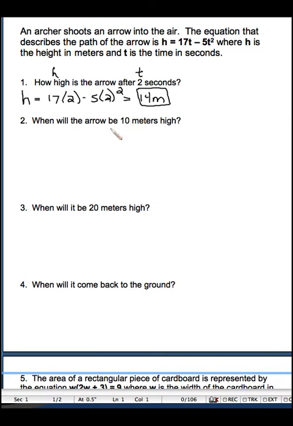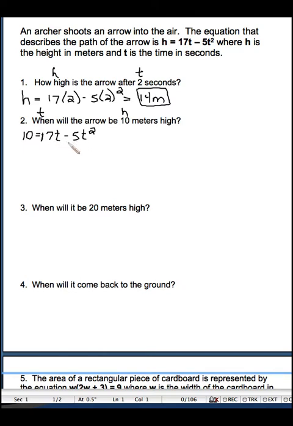So when, that's your time, will the arrow be 10 meters high? That's your height. So h is 10, equals 17 times t, minus 5t squared. Okay. Using the quadratic formula, I'm going to show you now.